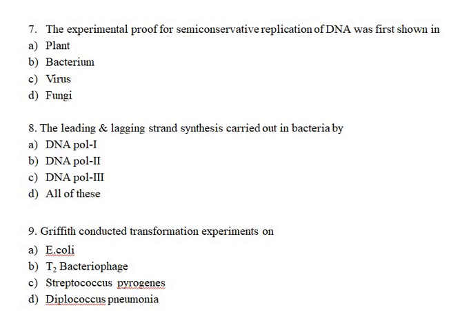Streptococcus pneumoniae is also called Diplococcus pneumoniae or Pneumococcus pneumoniae. So the correct option for the 9th question is option D. Don't confuse it with Streptococcus pyogenes, which is a different species.